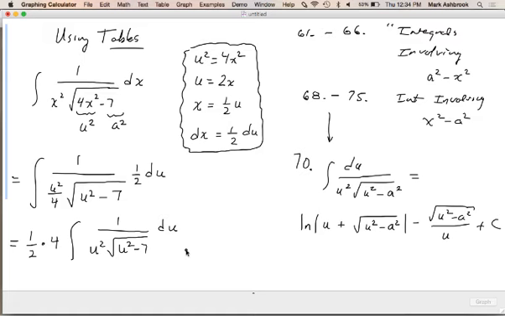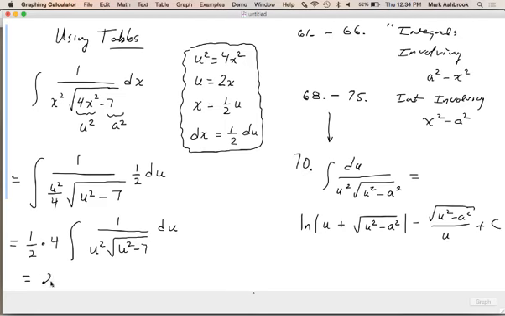So it's going to be, this just amounts to 2. So it's going to be 2 times this whole thing, right? Because we know for this, here's the antiderivative.